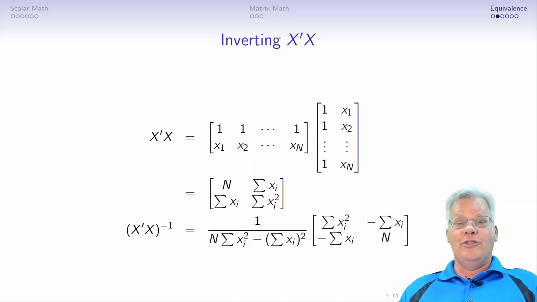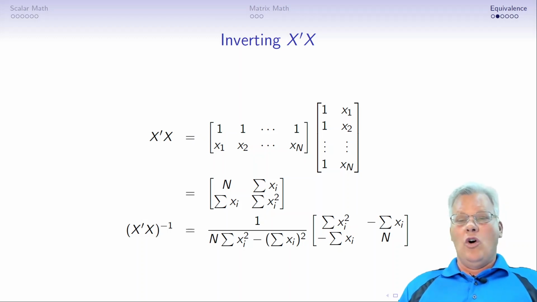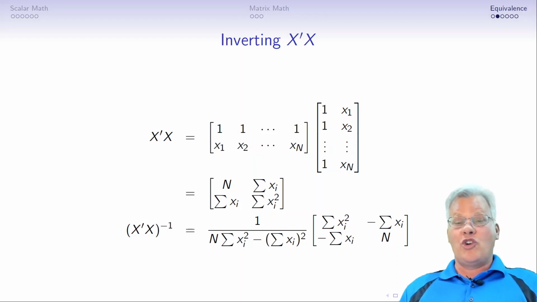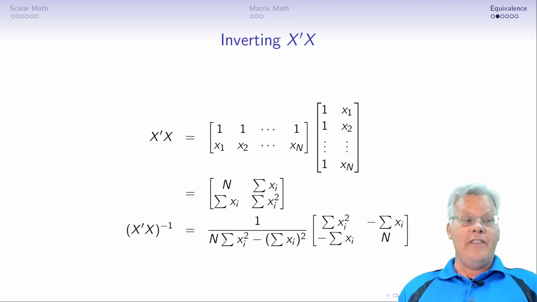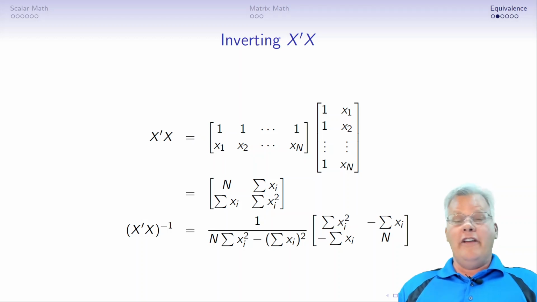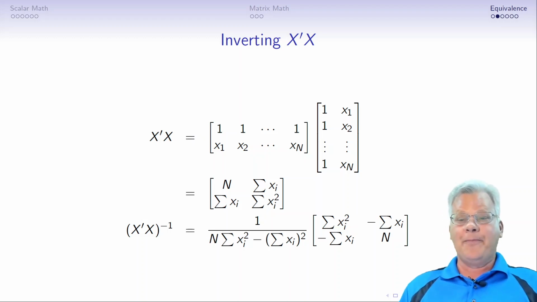When I transpose that, remember, the columns become rows. So the first row of x transpose is a row of ones, and the second row is a row of the individual observations of x. If I do matrix multiplication, x transpose x, I get this expression on the second line.